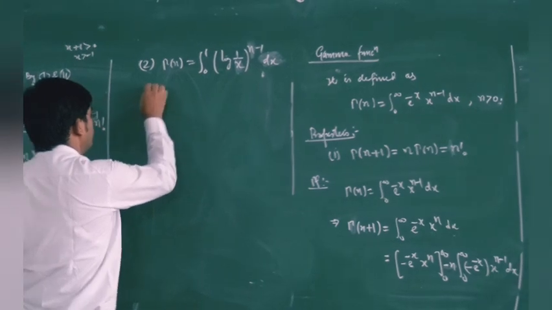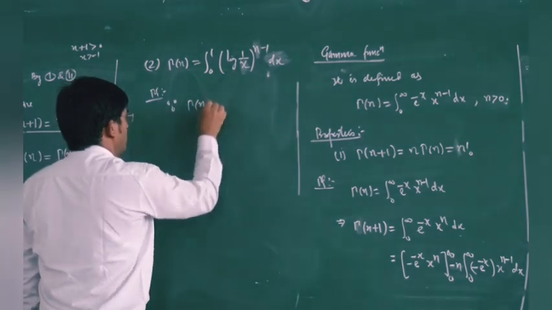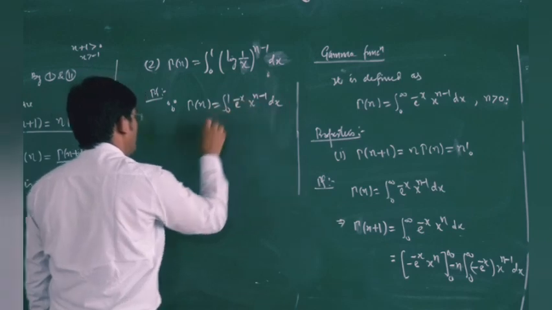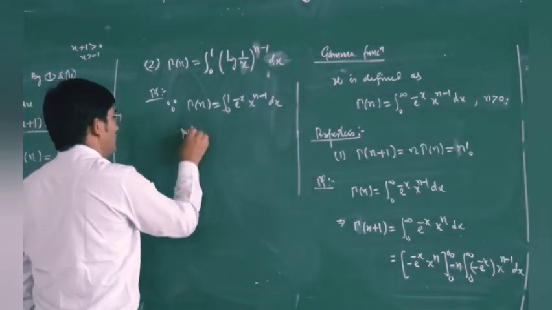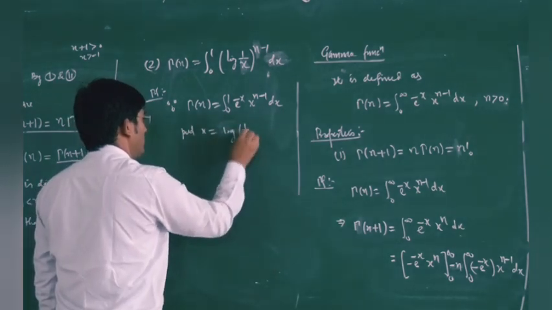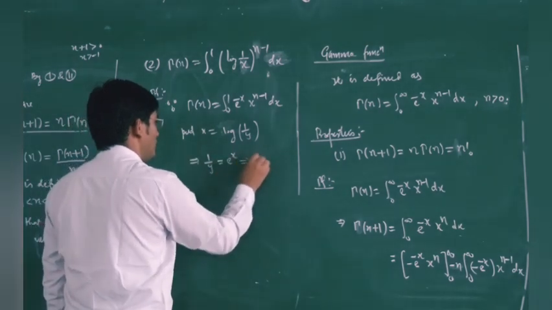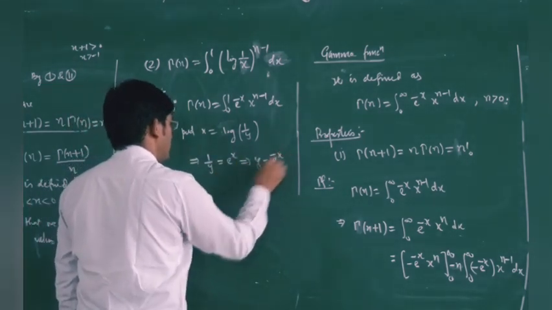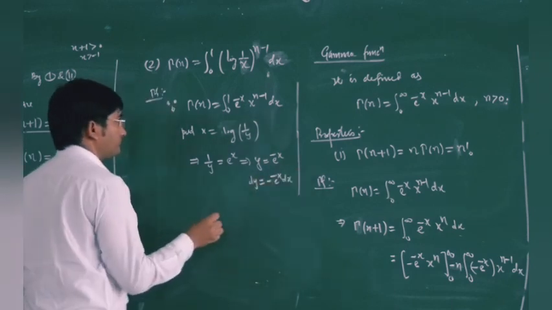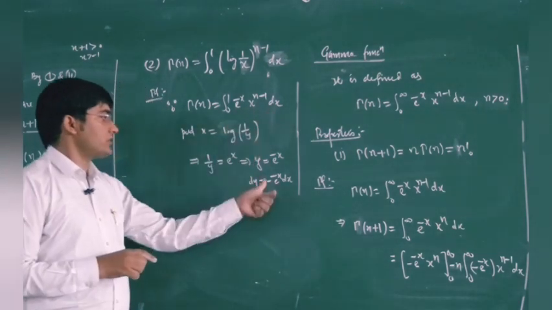For that, because we have integral 0 to infinity e power minus x into x power n minus 1 dx as gamma n, put x equal to log 1 upon y. So from here 1 upon y will be e power x, so you can say that your y is e power minus x. So we have dy as minus e power minus x dx. So you can see that e power minus x into dx will be your minus dy.